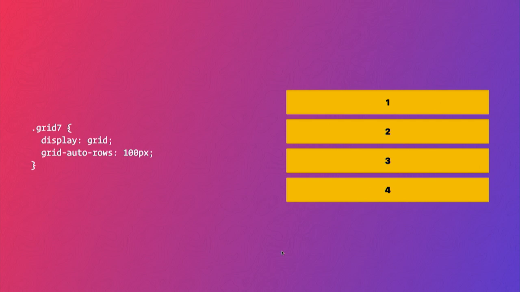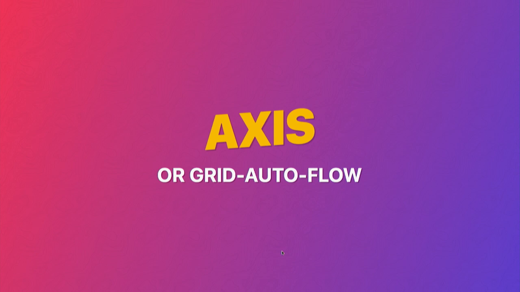Well, we didn't define any rows, so as soon as we hit that first row, it starts the implicit grid, and we'll continue to add every single item as a new row, and we can easily size those rows by 100 pixels. That can be a really useful, small pattern that you can use in your applications.